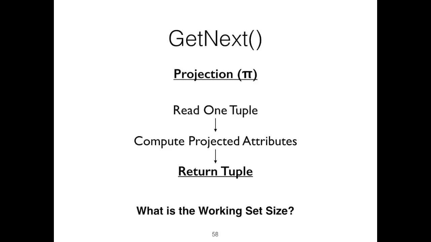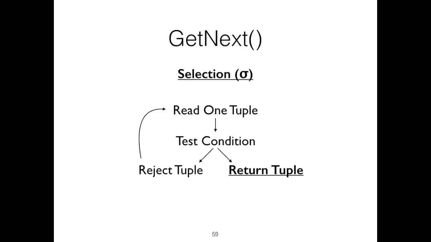So you're going to start by reading a tuple. You're going to test whatever the condition is. And if the condition is true, great, that's your return value. Otherwise, drop the tuple on the floor and repeat the process. So for selection, the distinction here is that you might potentially need to call getNext on its input more than once. Other than that, there's not much difference.